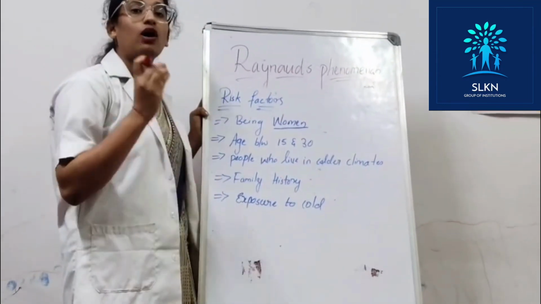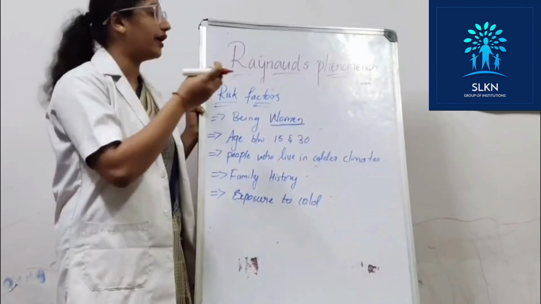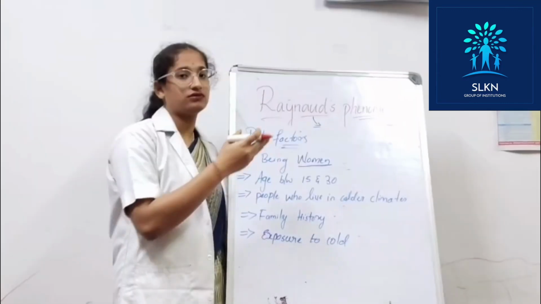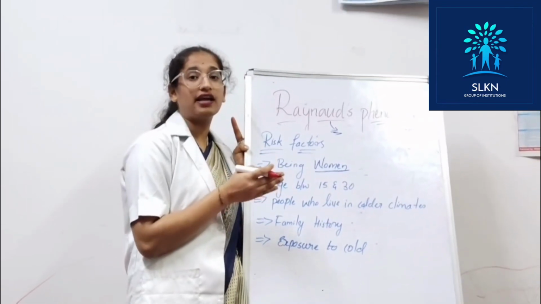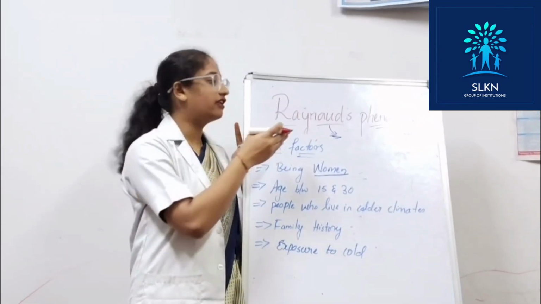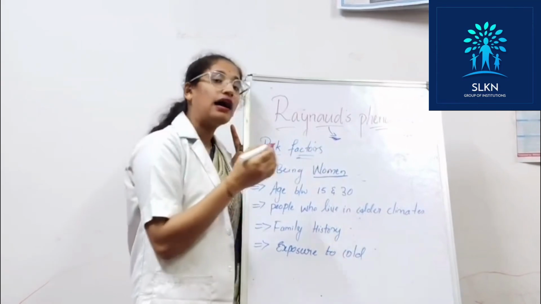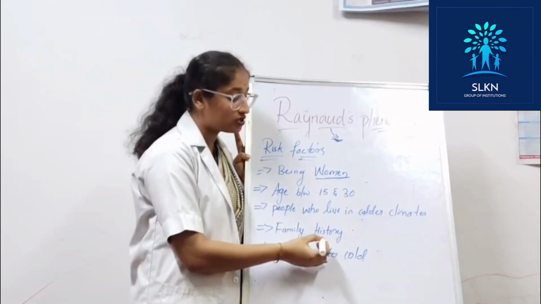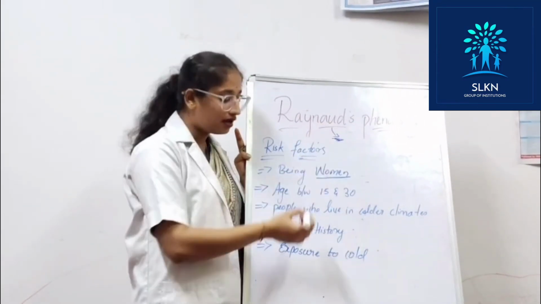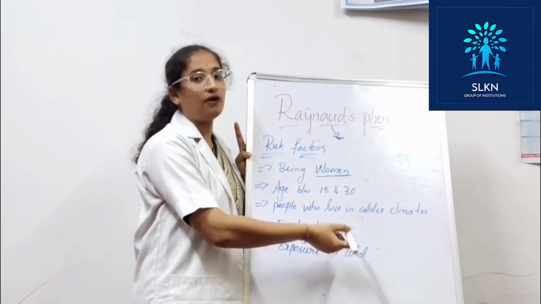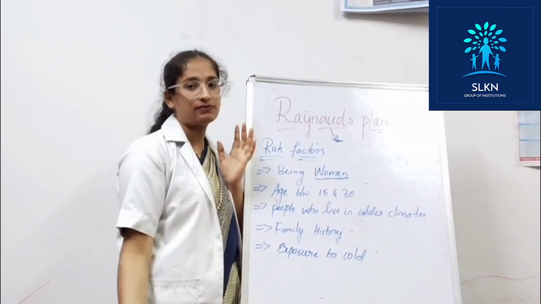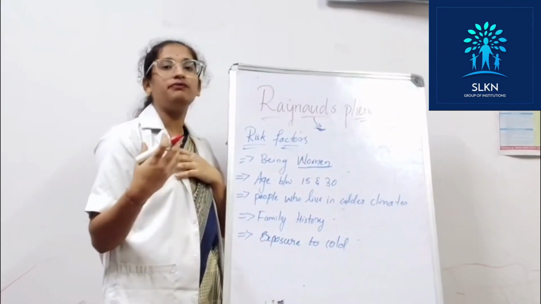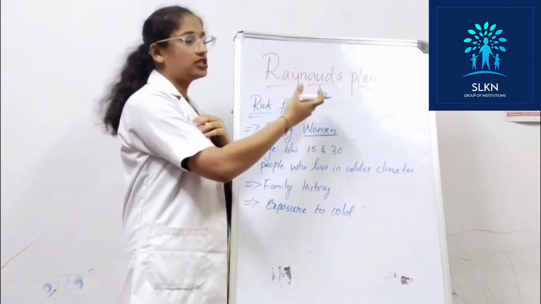Family history, where our grandparents or parents are suffering from Raynaud's phenomenon, so other family members also have a chance of getting it. Then exposure to cold, where in cold conditions our fingers and toes become cold, circulation reduces, and Raynaud's phenomenon occurs.